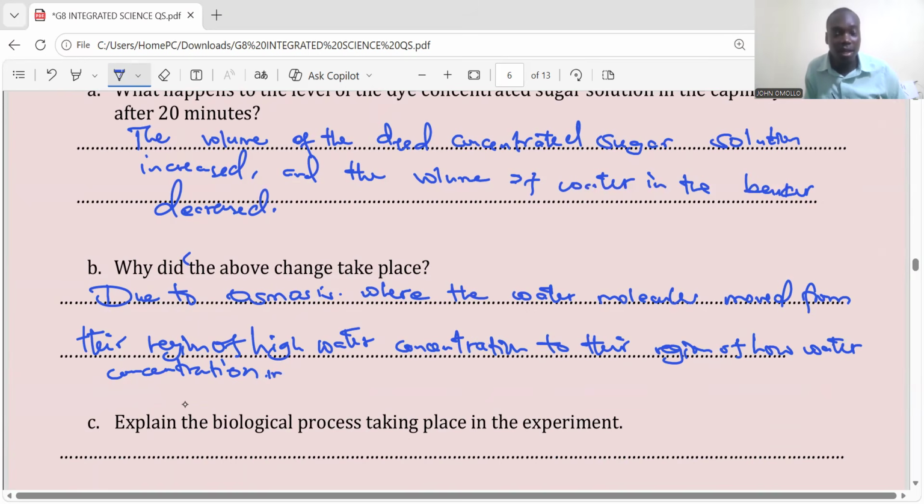Why did the above change take place? Because of osmosis. That is just one mark. Because marks are not given here, we just predict. So we say due to osmosis, the water moved from the region of high water concentration to the region of low water concentration across a semi-permeable membrane. And in that case, it is the visking tubing.